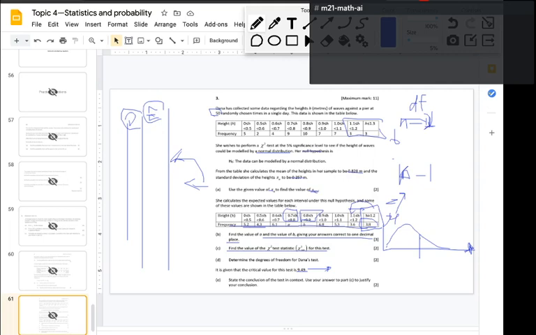It has a critical value of 9.49. The value that I got in my calculator is 3.93, so somewhere here. In order for you to reject the null hypothesis, it needs to exceed the critical value. However, it didn't exceed the critical value. We got 3.93. That means that we can't reject the null hypothesis.